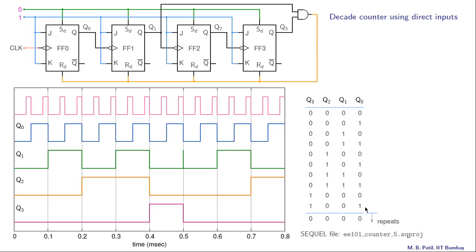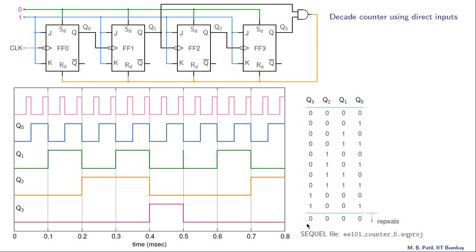And after this state 1, 0, 0, 1, the counter would try to go to 1, 0, 1, 0, and that is when this output becomes 1. When that happens, SD is 0, RD is 1 for all flip-flops, and they get reset. That means all of these Qs, Q3, Q2, Q1, Q0 will become 0 as shown over here.